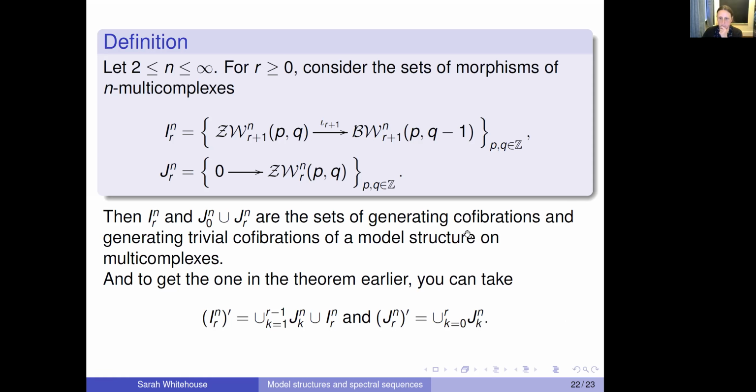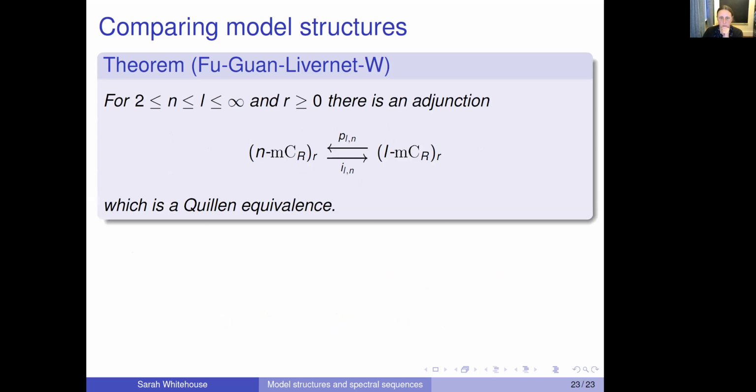Okay, and then finally, I wanted to say something about comparing some of these model structures. So that's what this theorem here does. Let me just explain what's going on here a little bit.